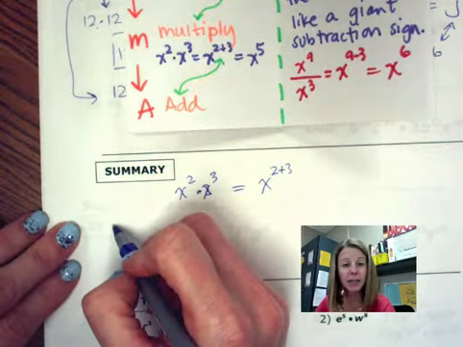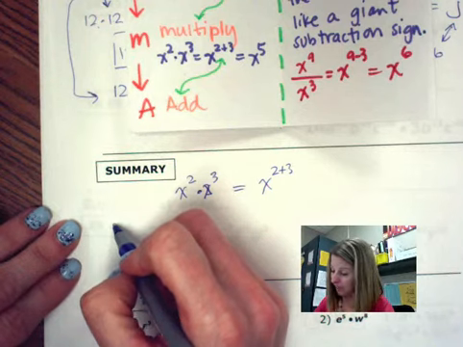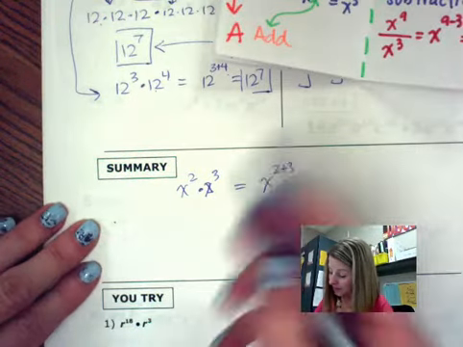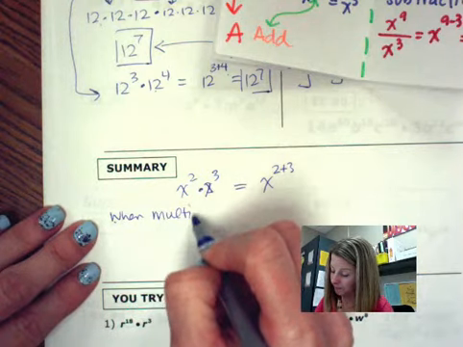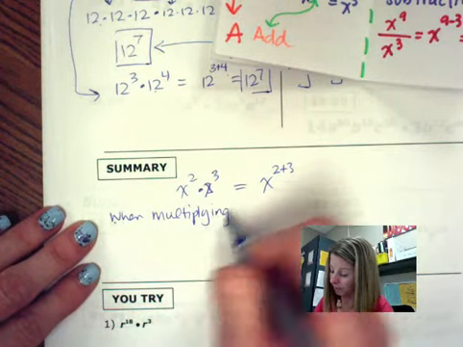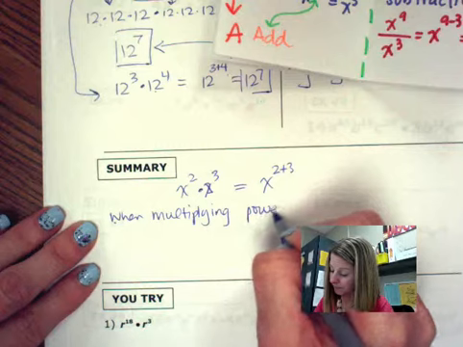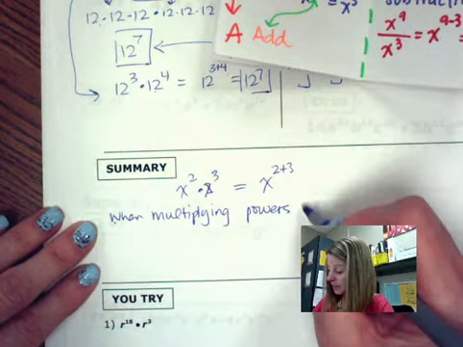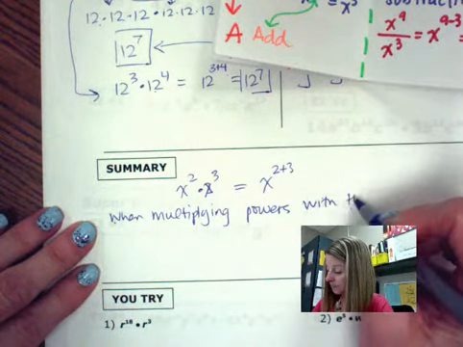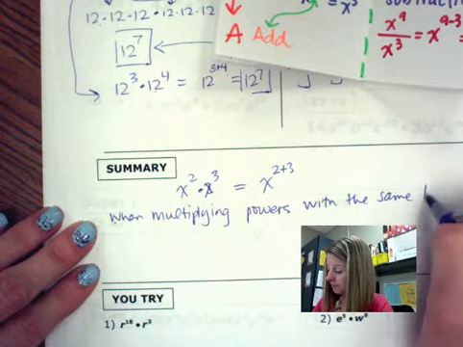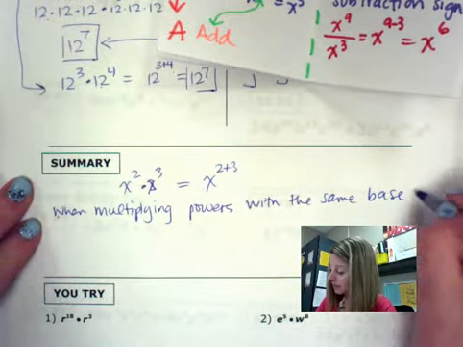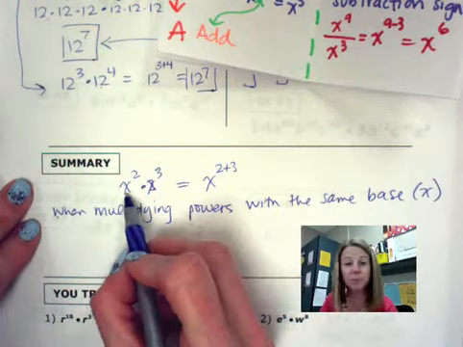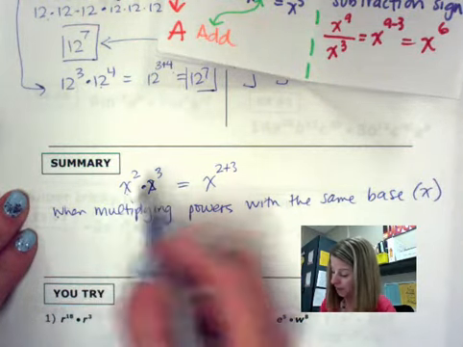When multiplying powers with the same base, and in parentheses I'd like you to put x because that represents the x in our example.